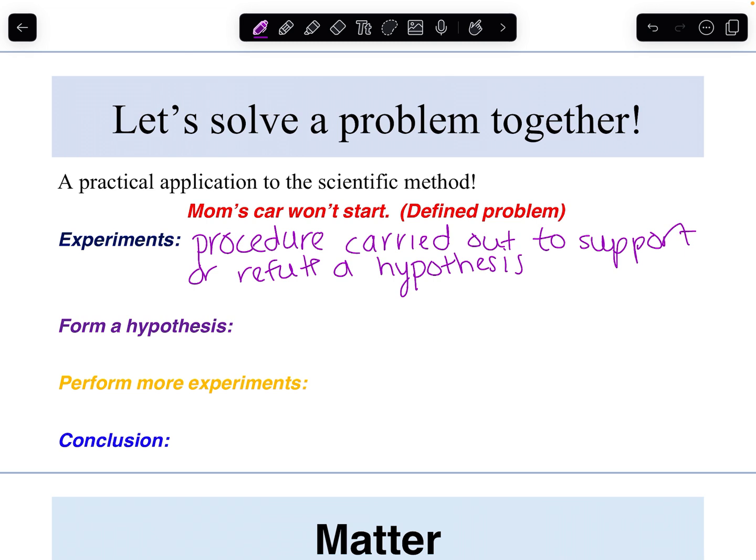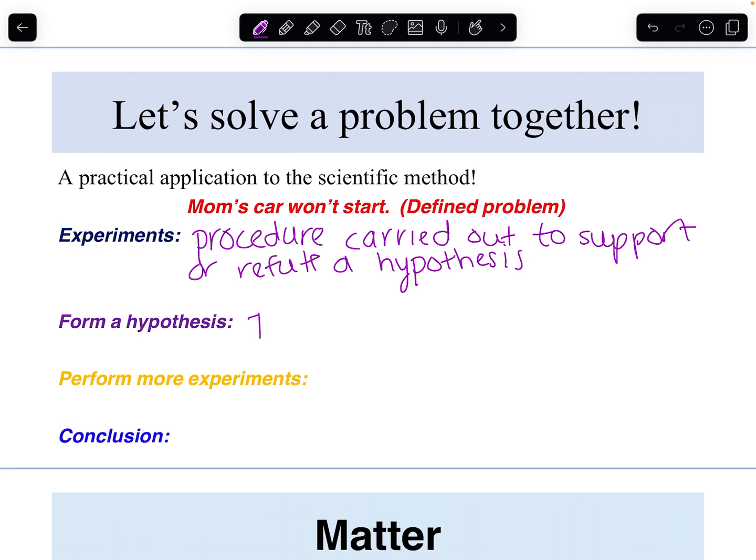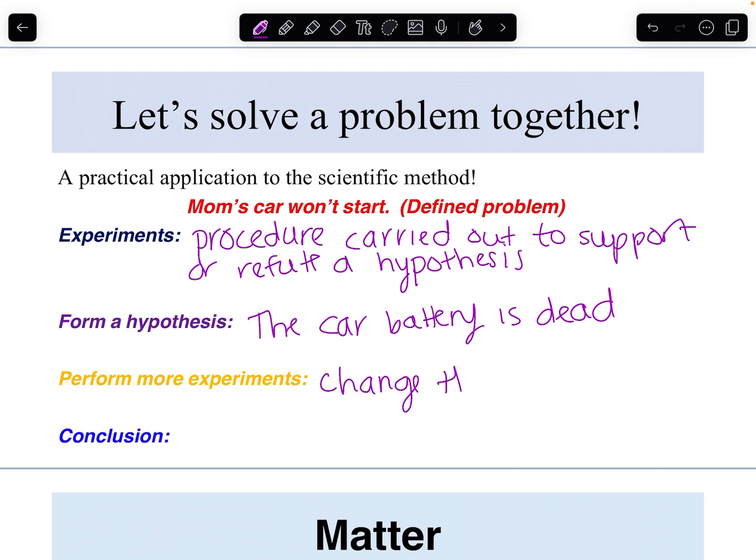Okay? So the first thing you want to do is form your hypothesis. For example, I would think when my car doesn't start that the car battery is possibly dead. So my hypothesis is the car battery is dead, therefore the car won't start. I'm going to perform an experiment. For example, I'm going to change my battery. Or, of course, you could jump the battery.